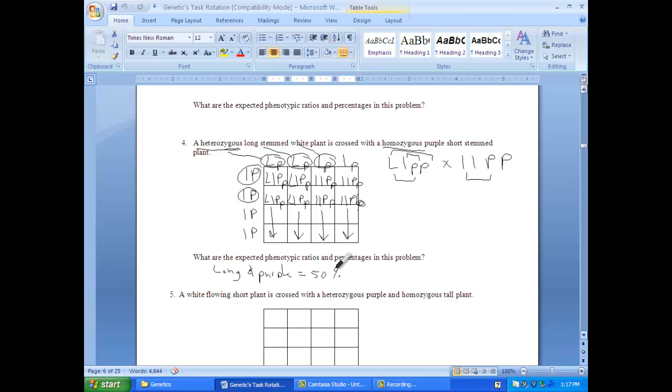These next two columns, they're all the same too. So therefore, it's going to be short and purple, and that's going to be 50%. You said tall. So were we just supposed to assume you meant long? Yeah. So any questions with number 4?